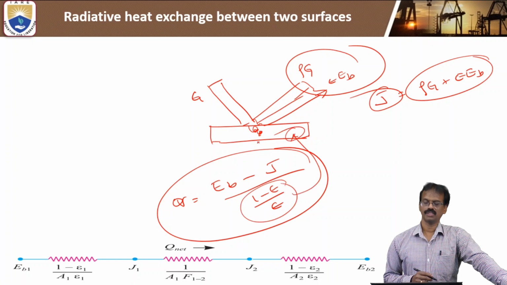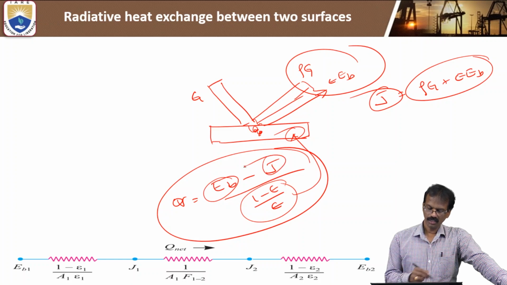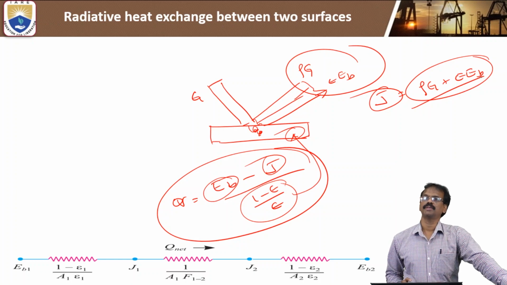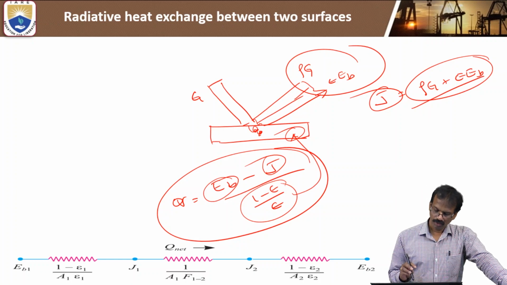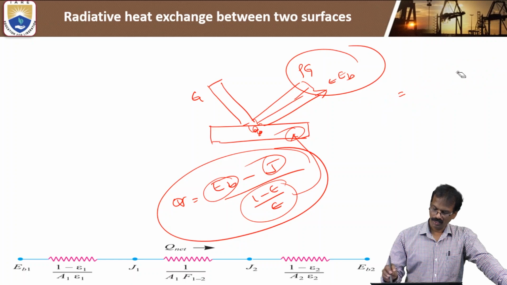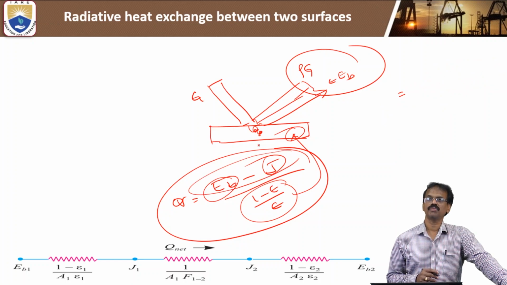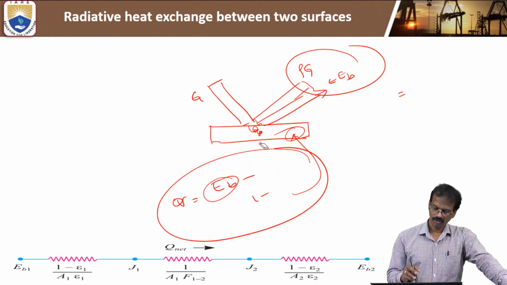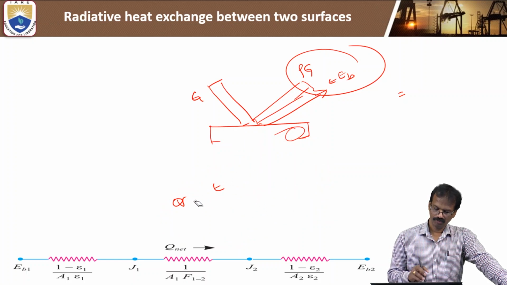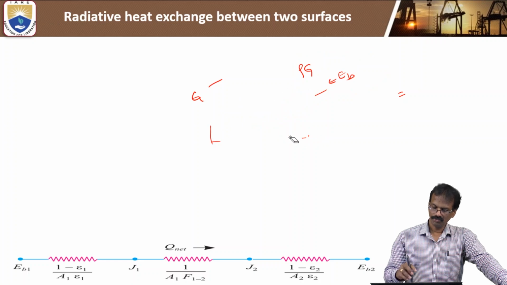Eb is the total emission energy, or emitting energy. J is the radiosity. Radiosity is nothing but rho G plus epsilon Eb. So every particular surface has a surface resistance, and these are the total emissive power and radiosities also. Based upon this formula, we will derive the rate of heat transfer between the two surfaces.